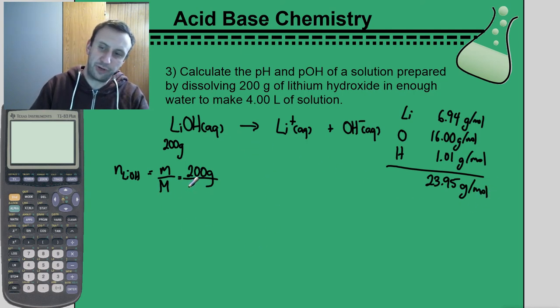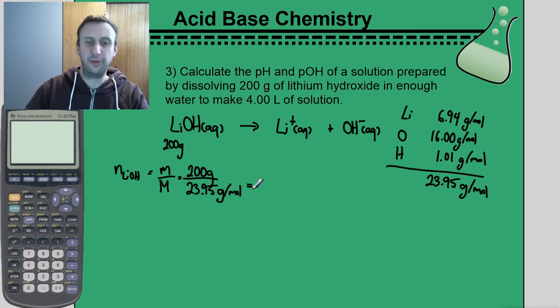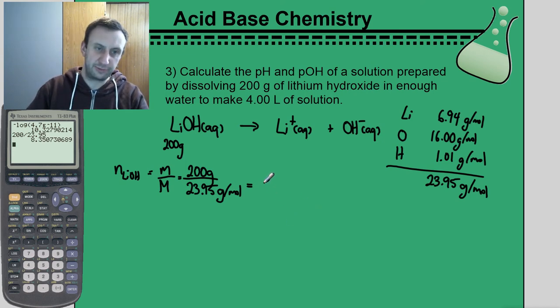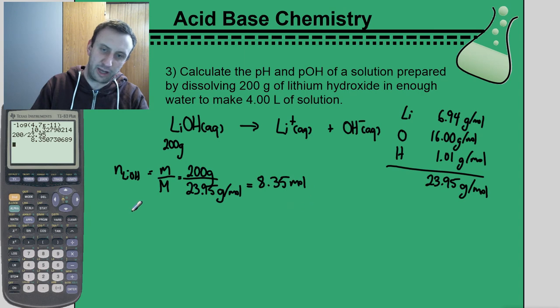So I have 200 grams divided by 23.95 grams per mole to figure out the moles. So let's go ahead and just plug that in. 200 divided by 23.95. And I end up with an answer of 8.35 moles.